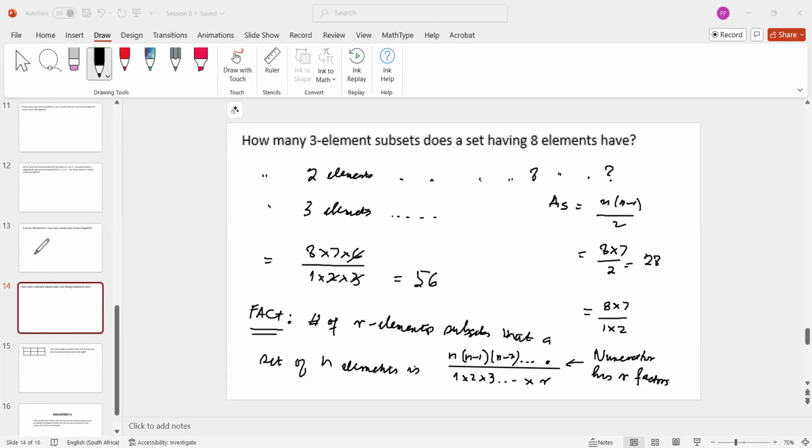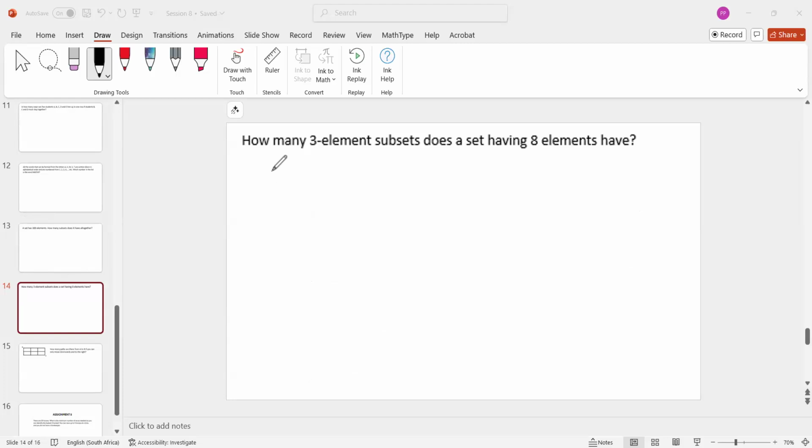Okay. This fact has a lot of applications, because it's a way of counting. Look, for instance, I'll just give you an interesting example. If you say, in how many ways can 6 numbers be chosen from 50 numbers?